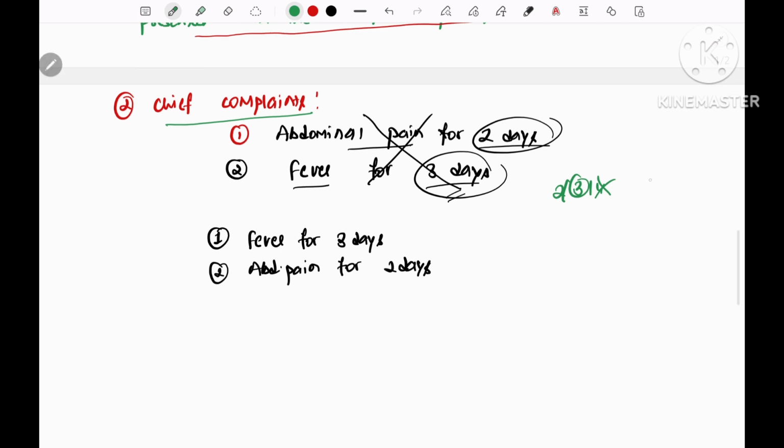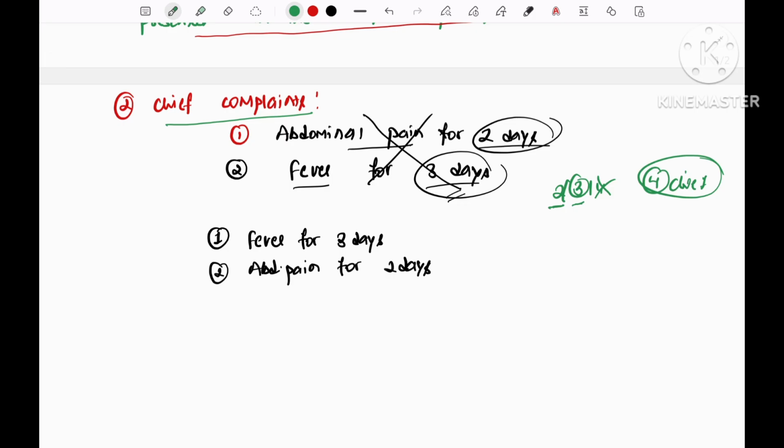If we make 4 chief complaints, each one will have a very long history, and we will be lost in the sea. So do not make those types of mistakes. Just make a chief complaint of only 2 or 3, like fever for 3 days and abdominal pain for 2 days.